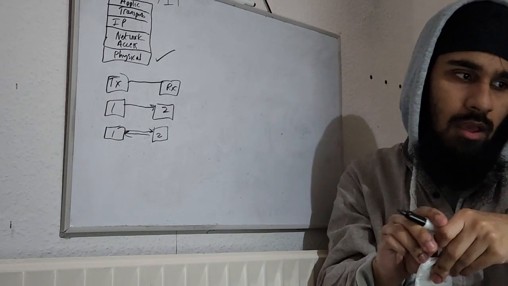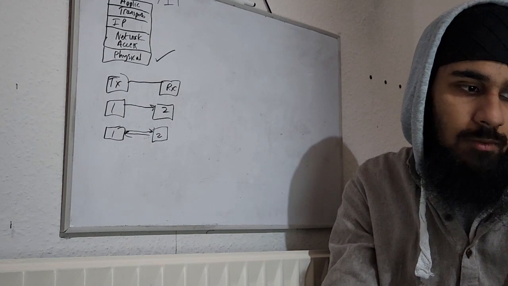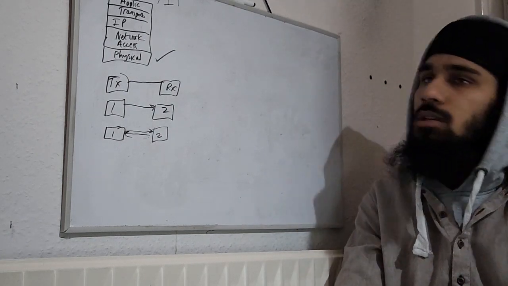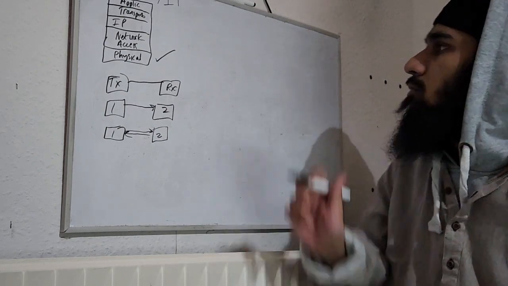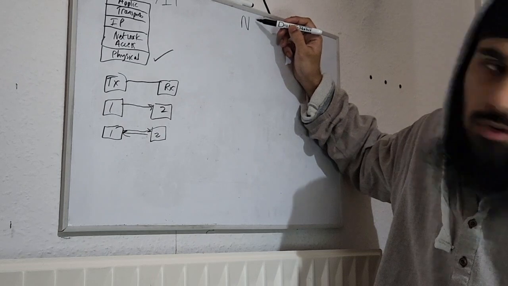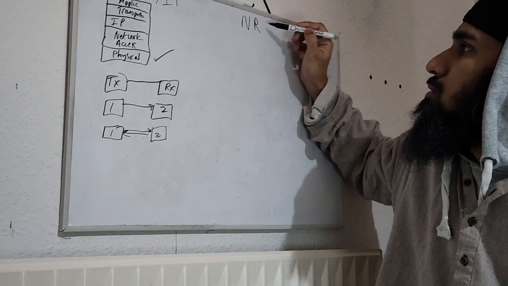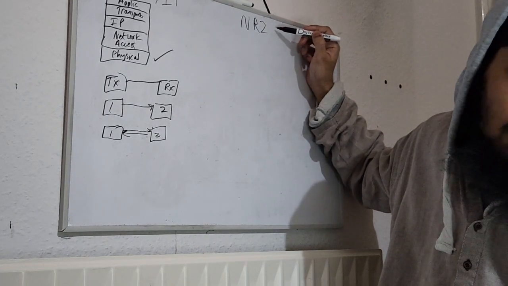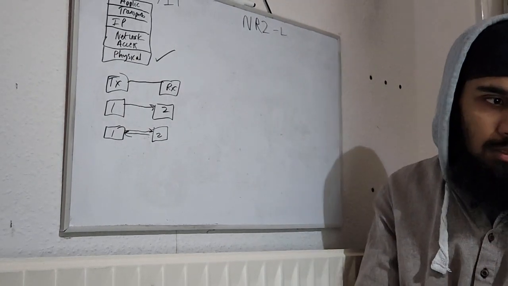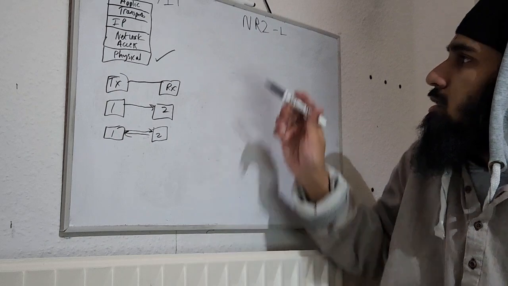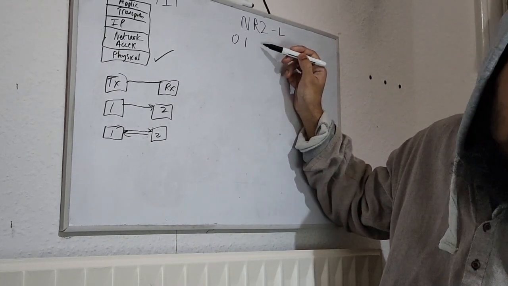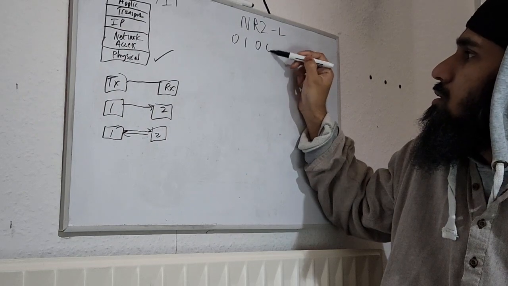So we have different ways that we can send our information. The first one is the non-return to zero level. So what is that? Let's say you're sending this data, 0 1 0 0 1.